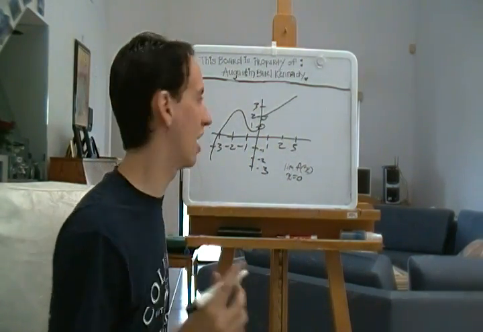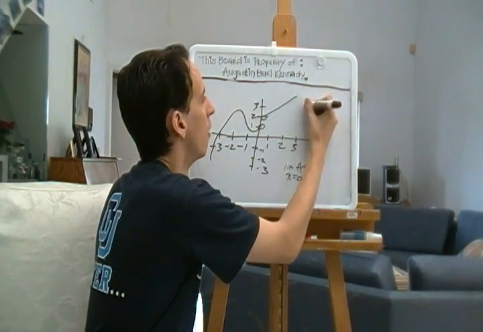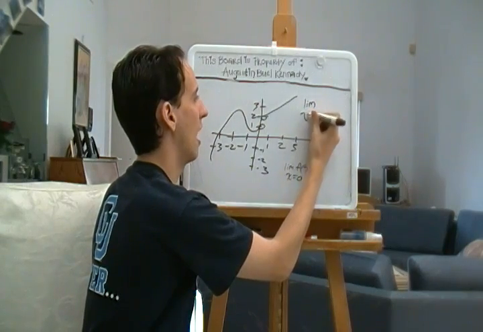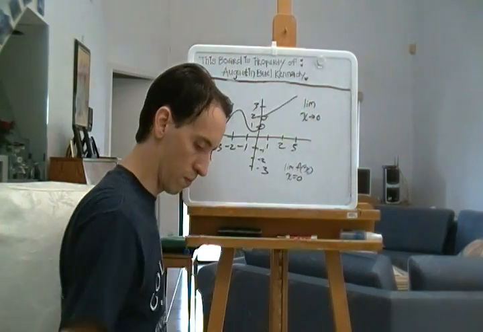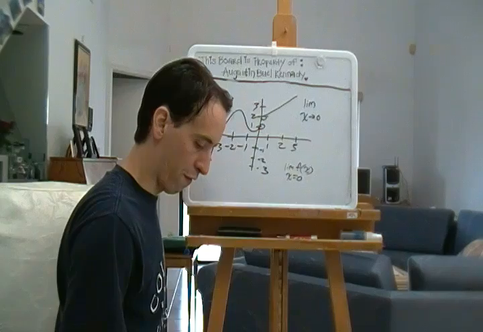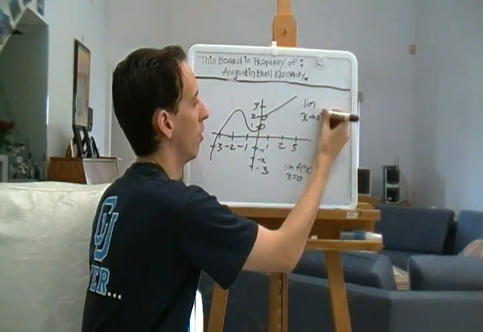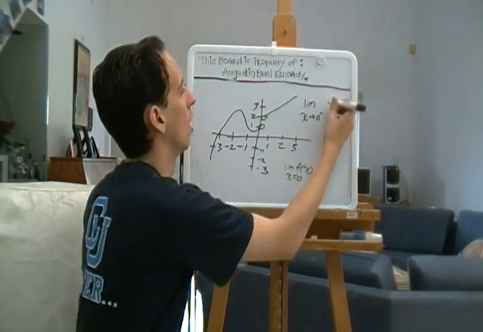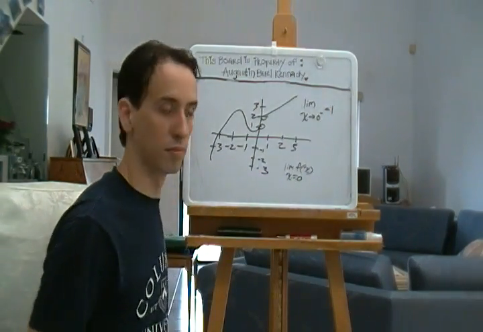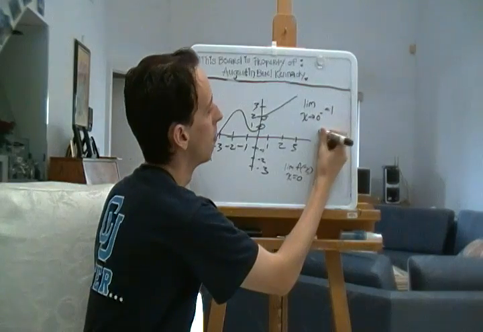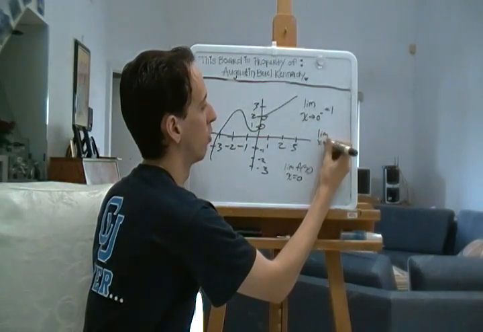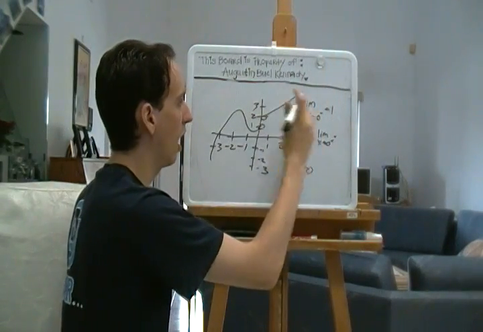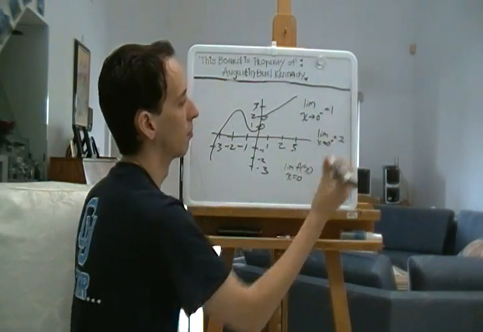This is the notion of one-sided limits, and we write it like this. The limit as x approaches 0 from the left, with a negative sign, is 1. That's what the function is approaching. But the limit as x approaches 0 from the right, coming down that line, is 2.